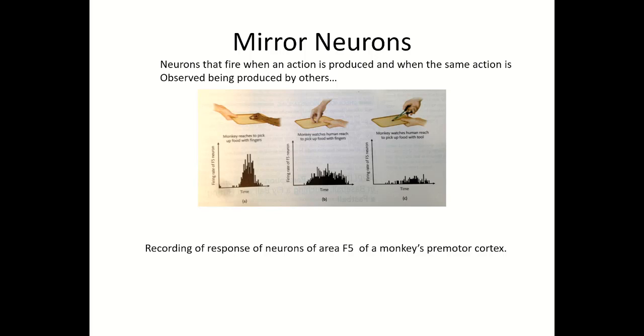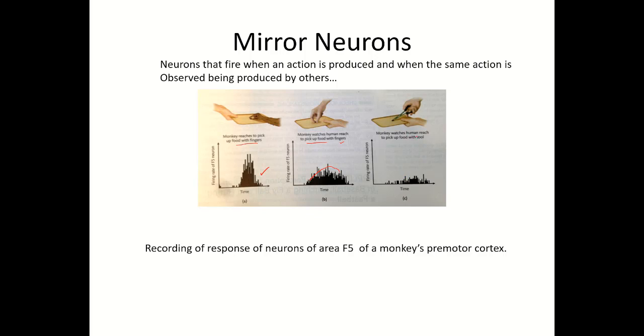Here you can see the recording was performed from monkey's mirror neurons in F5. Monkey reached to pick up food with fingers, so the neuron responded strongly, and monkey watches human or experimenter reach to pick up food with finger, response of the same neuron is high.